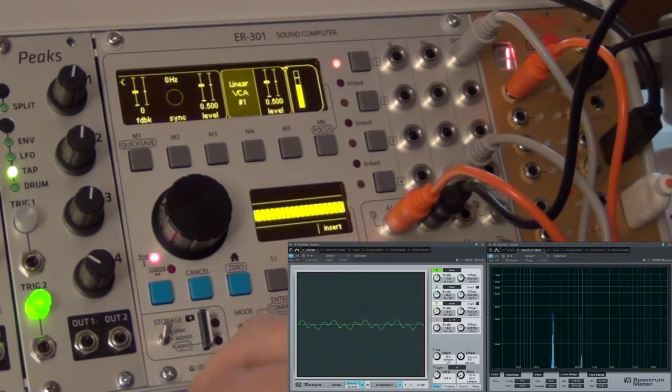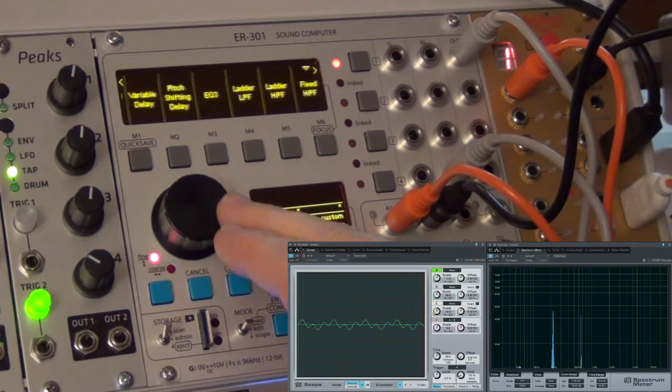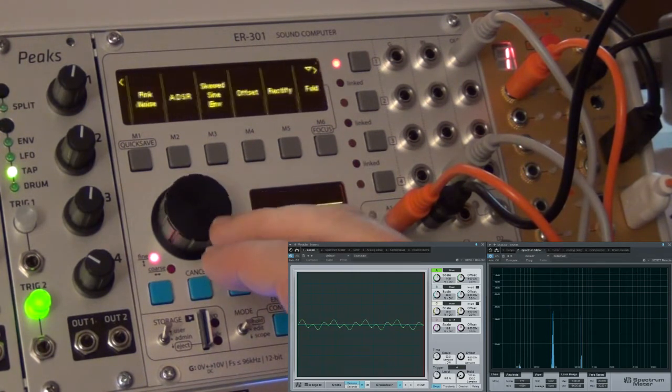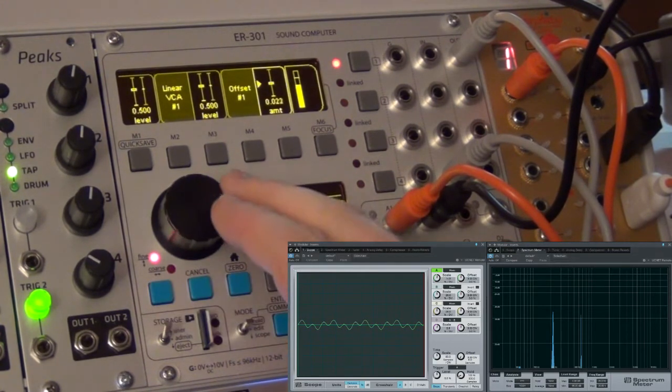So here's our signal, and now it's only half as tall as it used to be. Then let's also insert an offset here and bring its level up to 0.5.